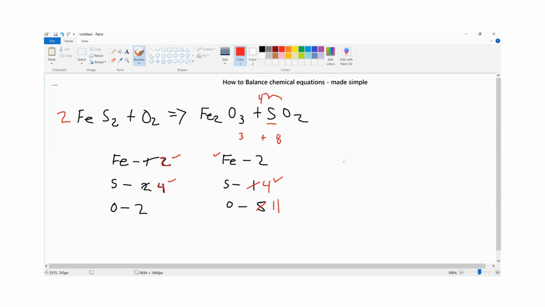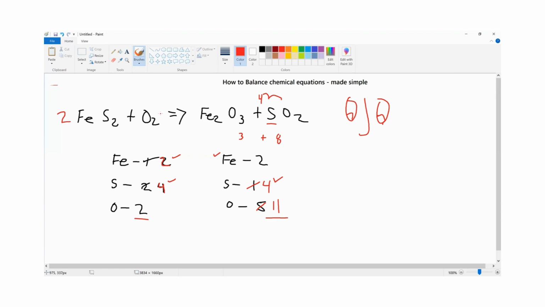Now here comes the tricky part, and I want you to pay attention to this. So we have 11 oxygen, and they are combined of this one and this one. But we only have 2 oxygen, and there's no more oxygen over here. So it's just by itself.